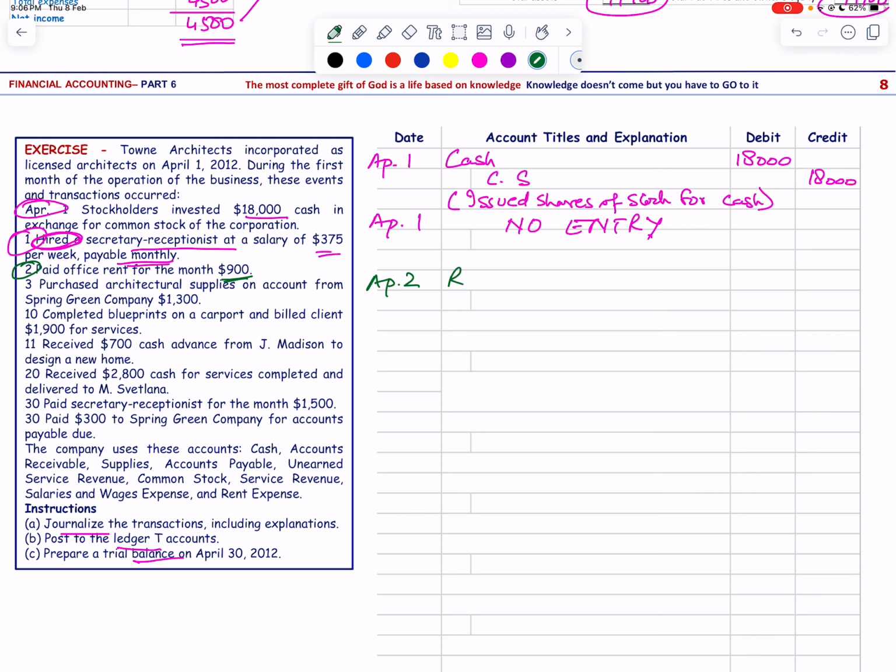Rent expense is debit by 900 and cash is credit by 900. Paid monthly office rent.